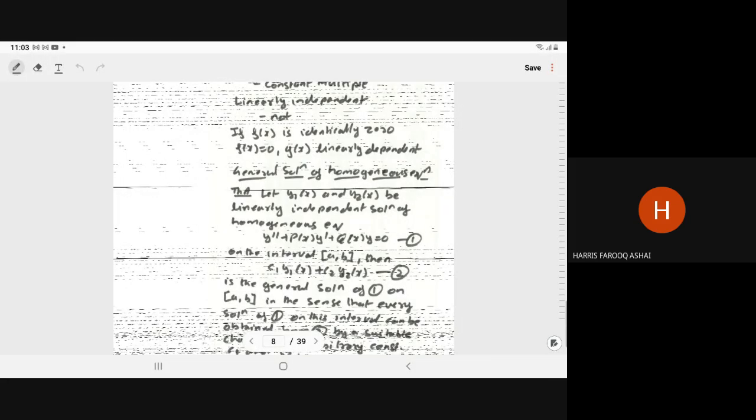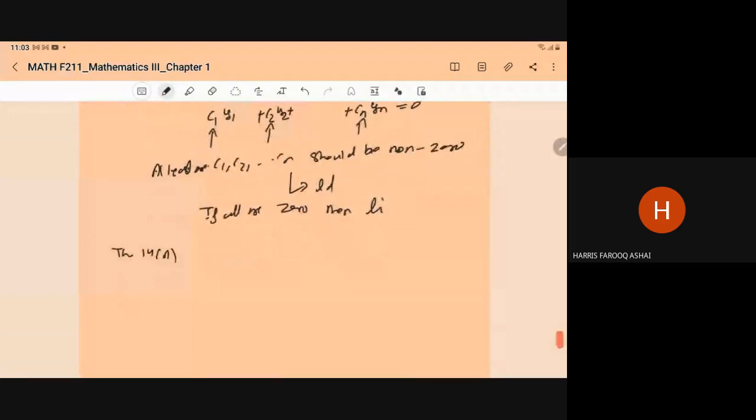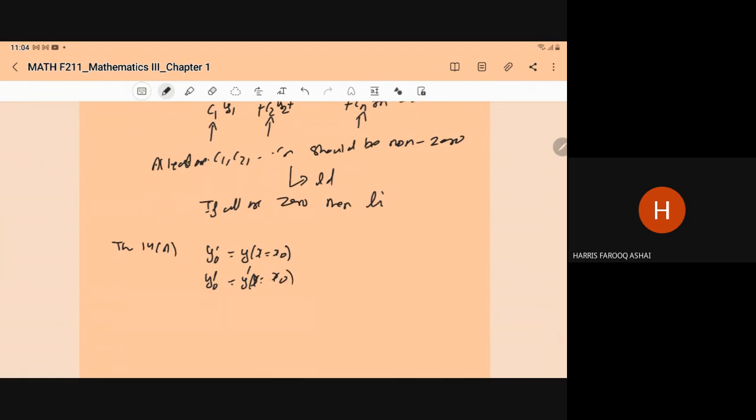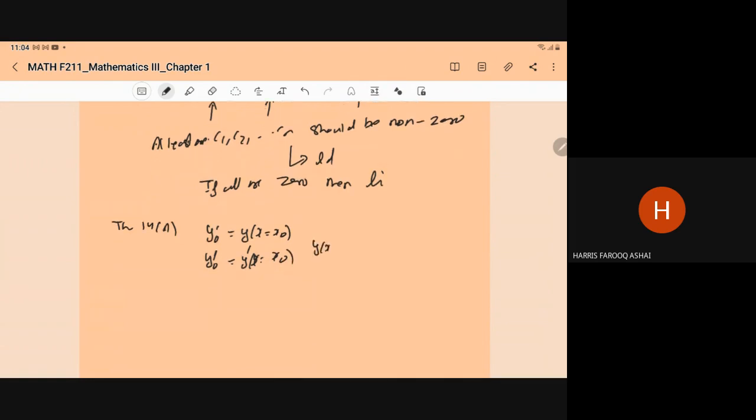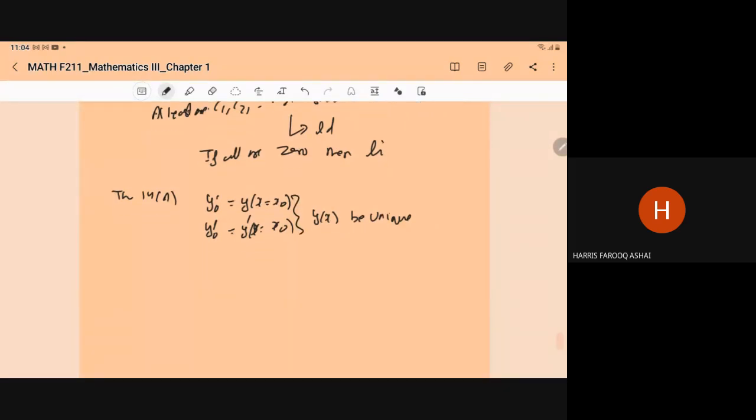Theorem 14a states that if the conditions y naught and y naught dash are given at x equal to x naught, then the solution will be unique.